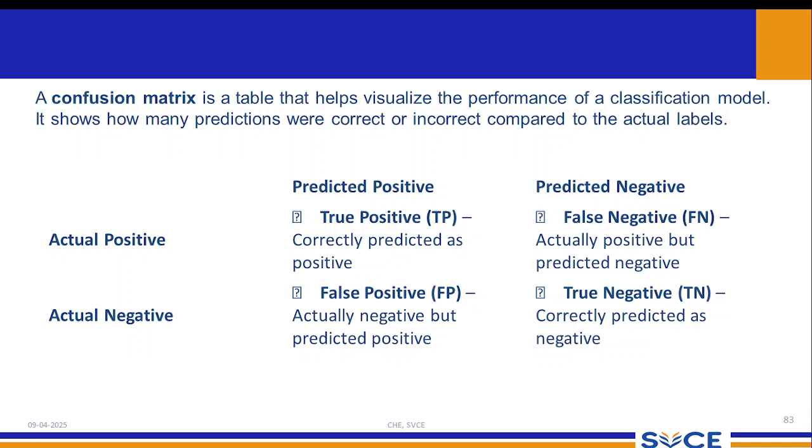Actual positive and predicted positive, if both are correct, is a true positive. If there is a contradiction, with actual positive and predicted negative, you have a false negative. In that case it is actually positive but predicted as negative.